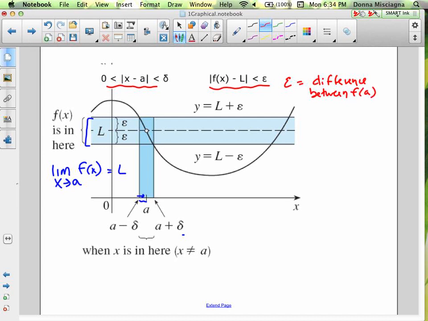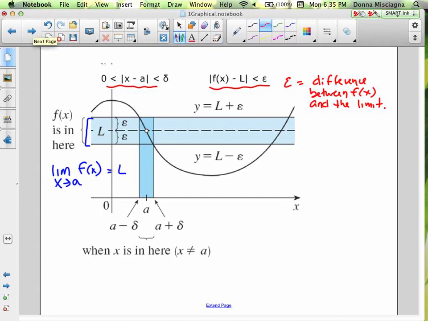Actually, let's leave it as f of x. We'll just do it in the generic case. So epsilon is the difference between f of x and the limit. This is what we're going to be given. We're going to be told, I want you to be within this close of the actual limit. How close do you have to be to the x value to get that close to the limit?